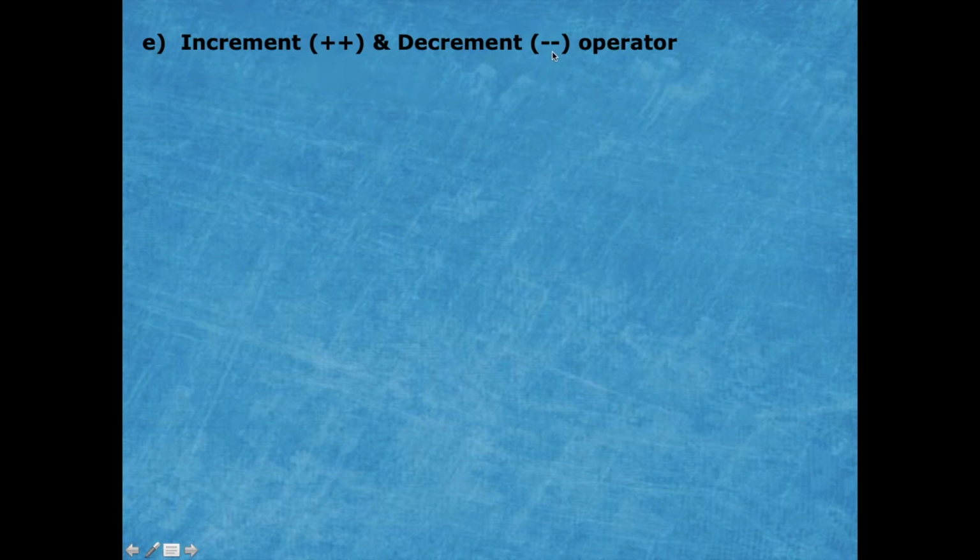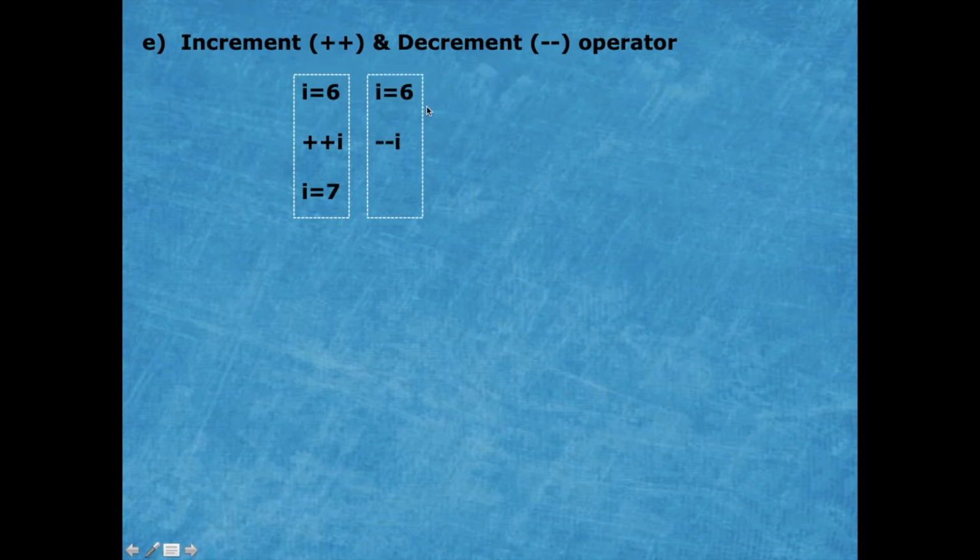So throughout the video, whatever I will tell you about increment operator also holds true about decrement operator. Now let's take some examples. Let's say I is equal to 6. We write plus plus I, after which I will take what value? 7. I is equal to 6, I write minus minus I, after which I will be 5.